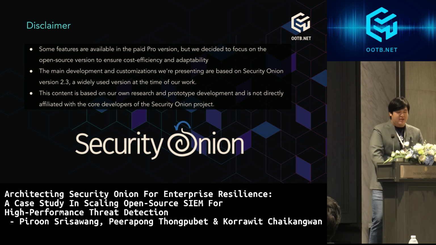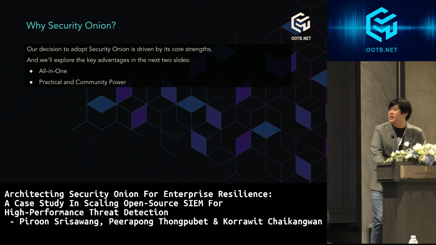What I'm going to share today is therefore based on our experience and engineering effort, not on the official Pro version. Specifically, our customizations were built on Security Onion version 2.3, which was a stable release at that time.